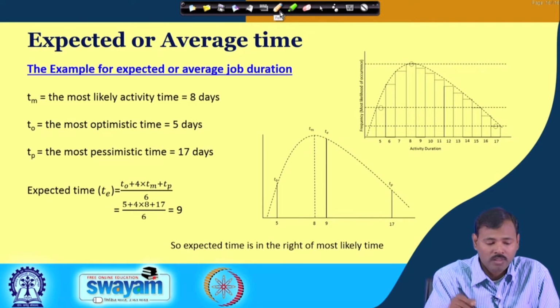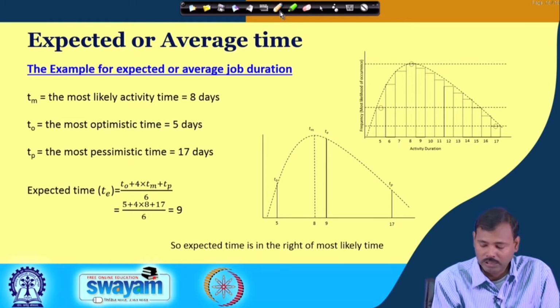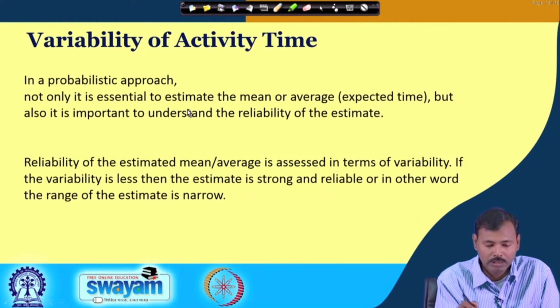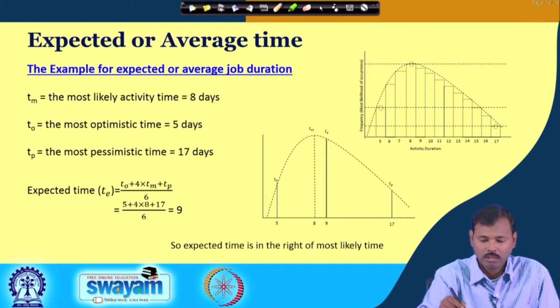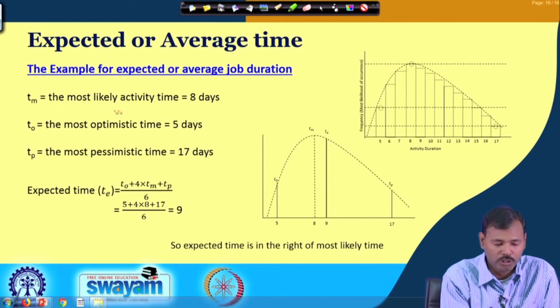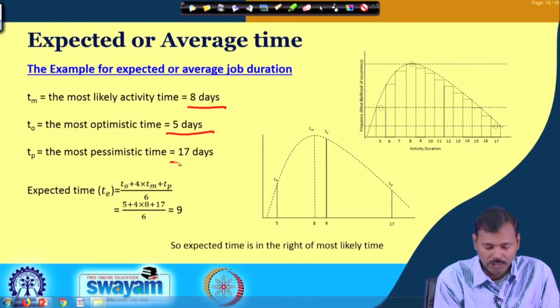So, let us consider this given example. Tm, the most likely time, is given as 8 days, optimistic 5 days, pessimistic 17 days.